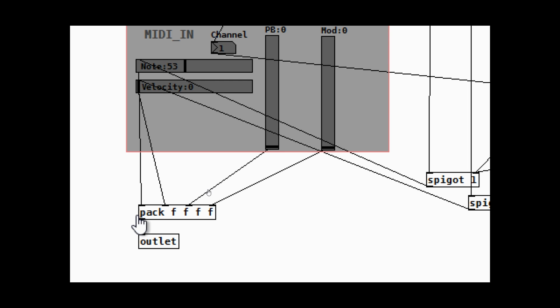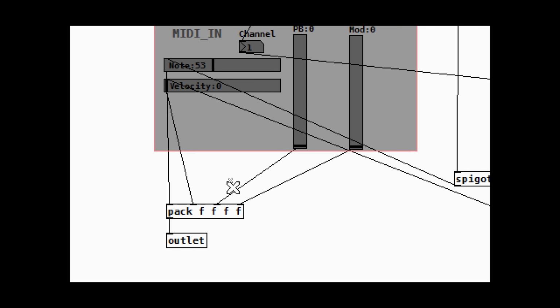Because this receives what they call like the float and a bang, meaning do it. So when you update these other numbers, nothing will happen. But we do want velocity, pitch bend, and mod wheel to always come through. In other words, we want this overall message to always be sent when a new number comes through.